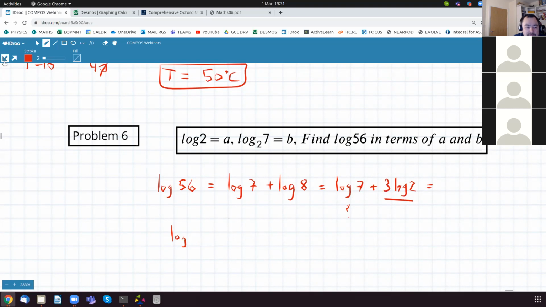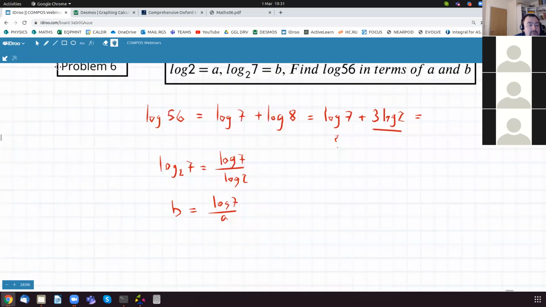No, sorry, I'm going to do it the other way around. I'm going to take log base 2 of 7, and I'm going to change the base to 10. So it's going to be log 7 divided by log 2. And I know that this is b, and I know that log 2 is a.